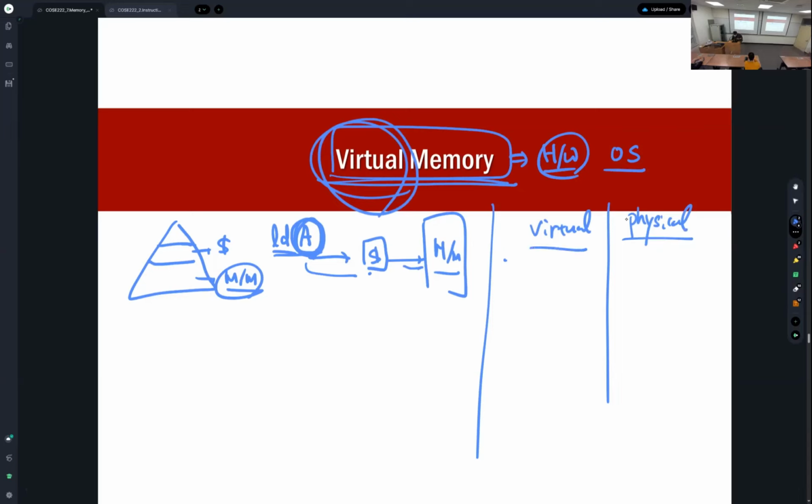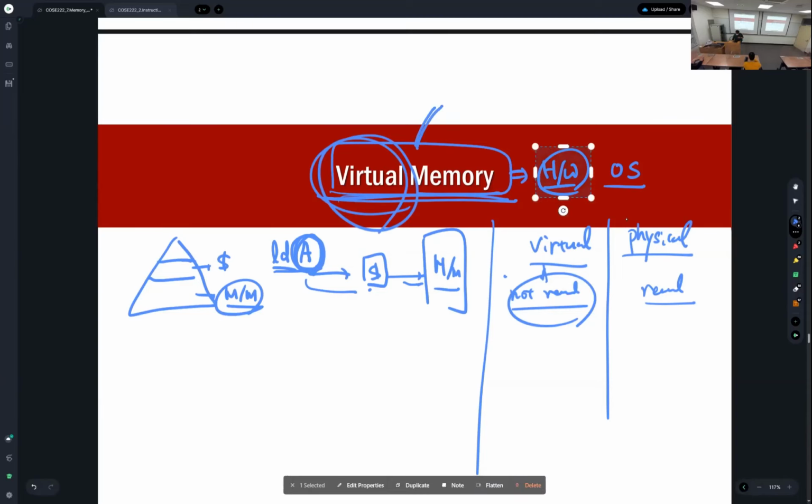Physical means that it's real, so virtual means that it's not real. What does that mean? Virtual memory is actually not real memory. So what does that mean?